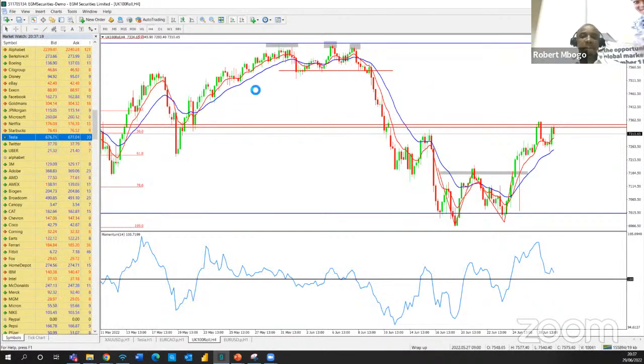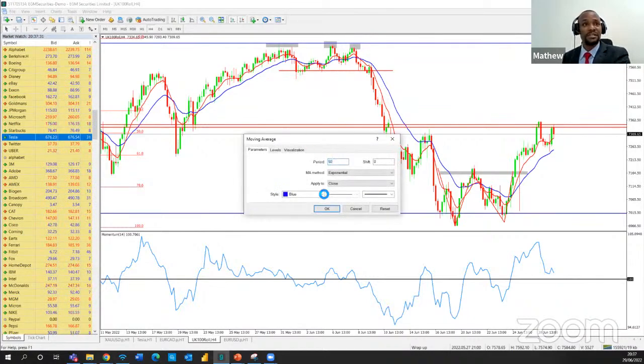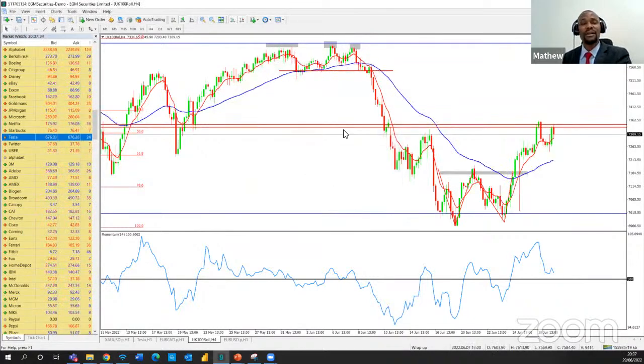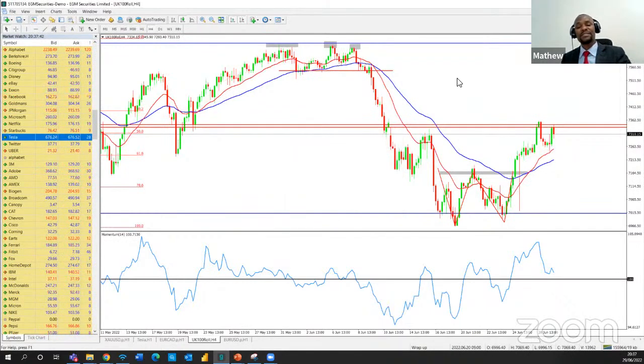But now what will happen is they'll be moving a little bit faster. So there might be a little bit of noise. They might have a little bit more noise as compared to when we have this one as a 50. You see it's a little bit more clear. And the other one, we have it as 20. So the essence is to remove the noise in the charts.